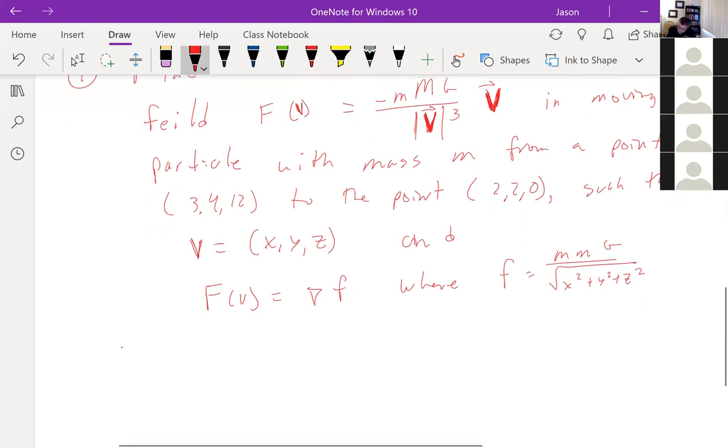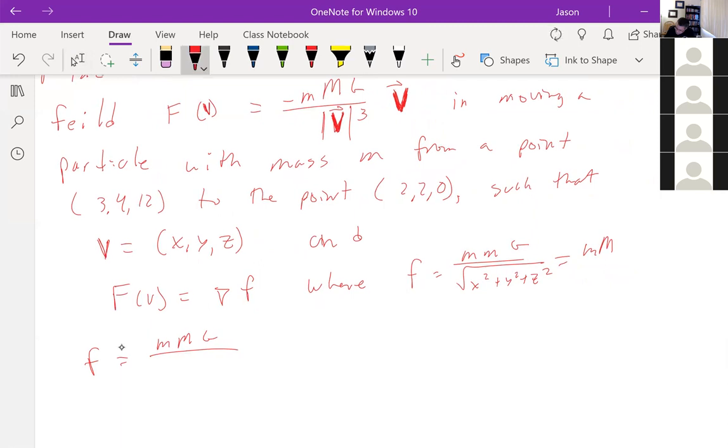If I take this parent function real quick, mg over this guy here, v, there are two m's, lowercase m and capital M. They look kind of the same here, so let's fix that. mMg over, we'll call this the magnitude of v, the magnitude of vector v.